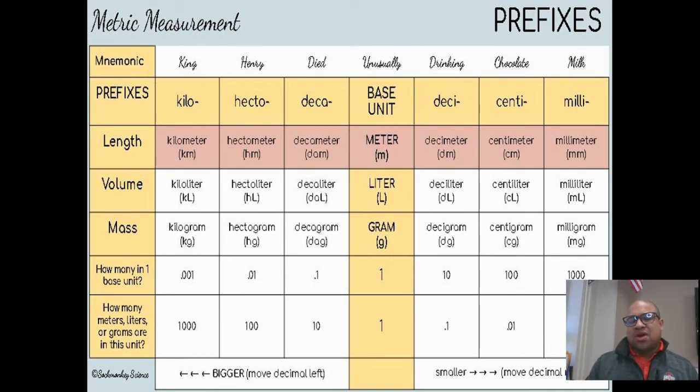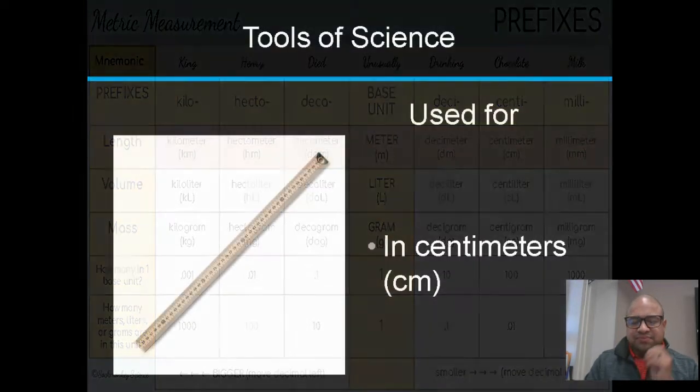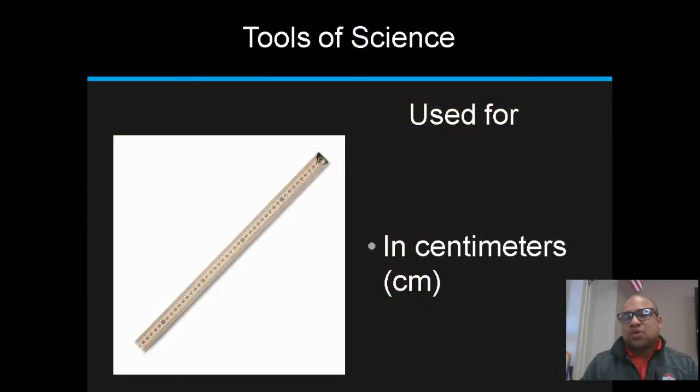So, as you know, the metric system is there for you, and there are certain easier ways to convert between those units. Now, one piece of equipment you probably have seen before. This looks like a ruler because it's small on the screen, but it's actually a meter stick. A meter stick makes measurements. It's 1 meter long. It's actually longer than a yardstick.